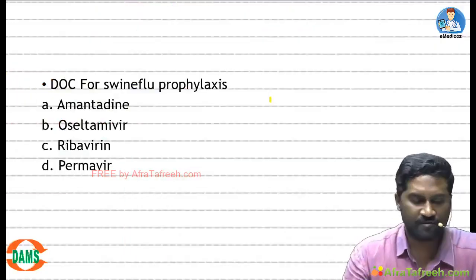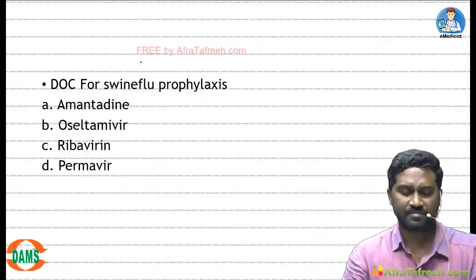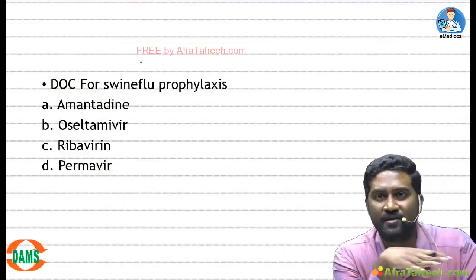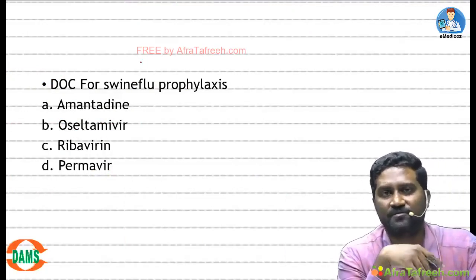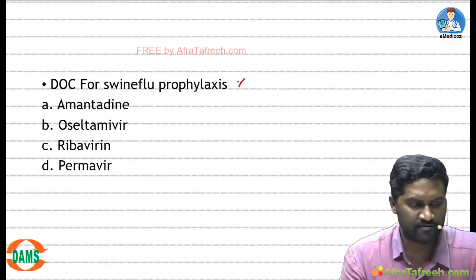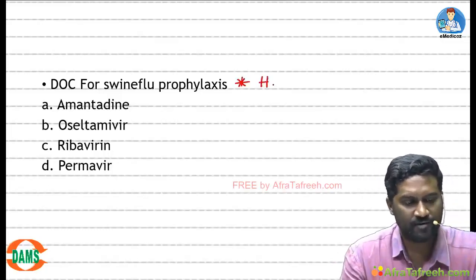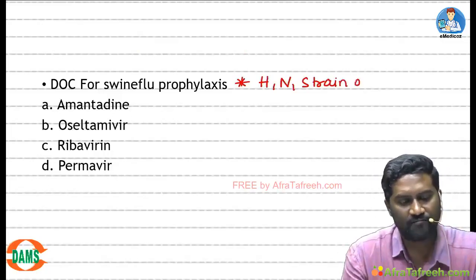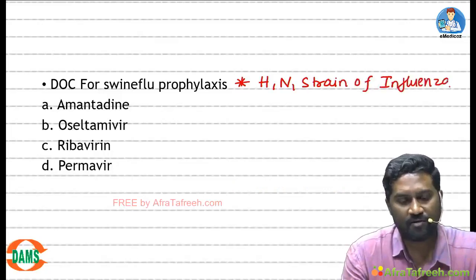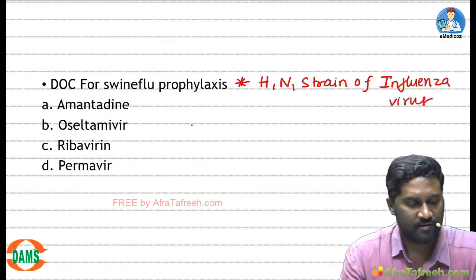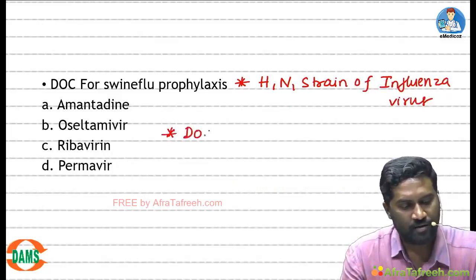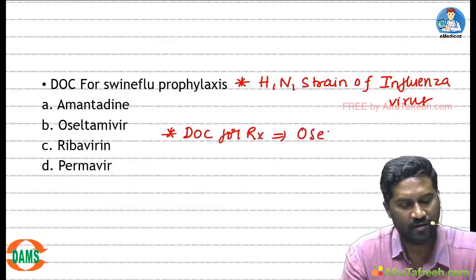Now, drug of choice for swine flu prophylaxis. Because of COVID, we completely forget about swine flu, but there are a few things that you should know. This swine flu is caused by H1N1 strain of influenza virus. If they ask you drug of choice for treatment, your answer is oseltamivir.